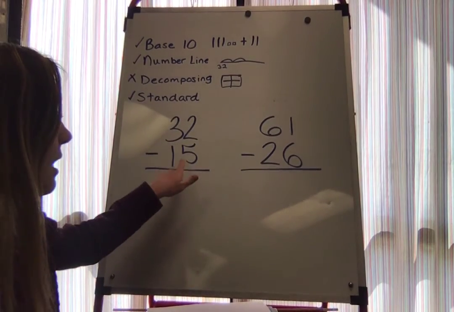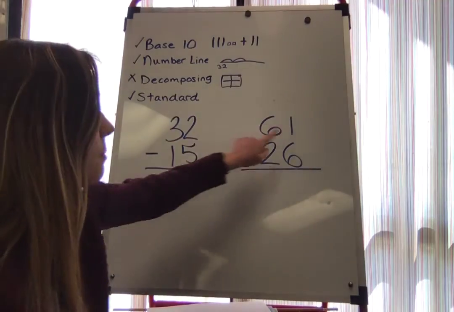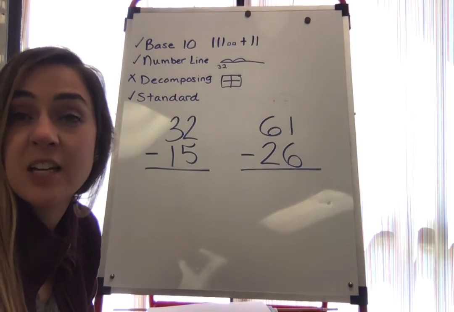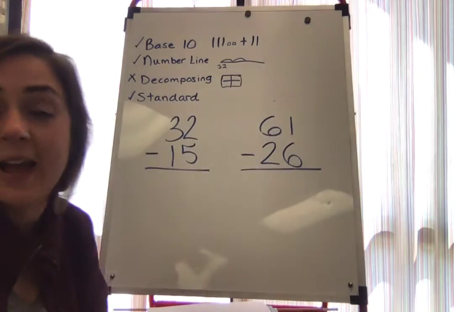Okay, now I notice that both downstairs numbers are bigger than the upstairs number in the ones place. So that tells me that you're going to need to borrow, to knock on your friend's door and ask for a 10.